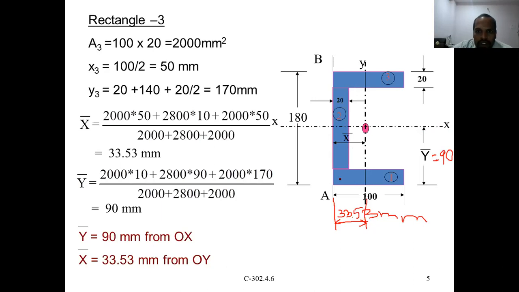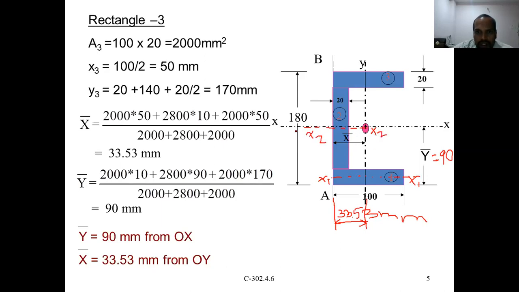So first, coming to figure 1. This is the centroidal x-axis of figure 1, right? Let us calculate x1 x1, that means the centroidal x-axis of figure 1. Similarly, x2 x2 means the centroidal axis of figure 2.